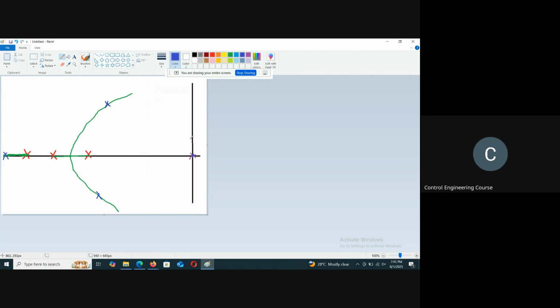Exact pole zero cancellation at the origin is not practically feasible, and it will also eliminate your steady state error. The steady state error will no longer be zero because the integrator is cancelled by the zero, 1/S cancelled by S, right?